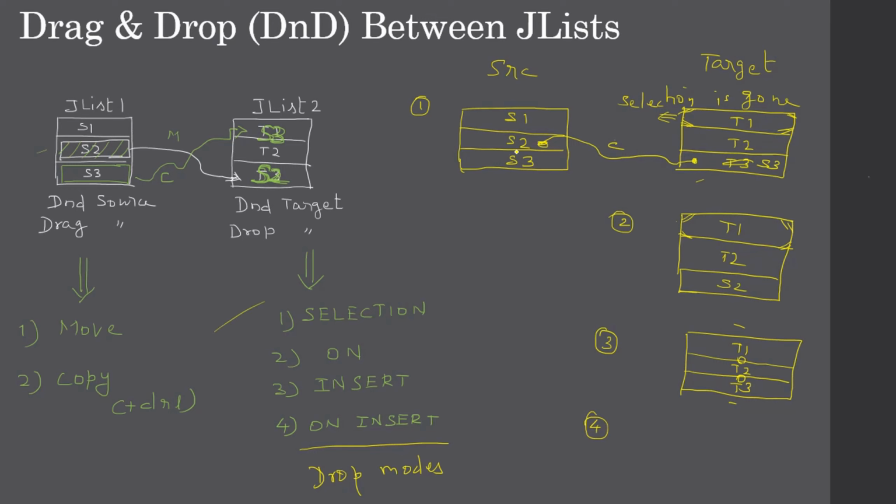But in JList, it requires some extra work, and we will see how to implement a drag and drop between 2 JLists in the next 6 videos. So there is no demo here in this video. We just learned the basics of drag and drop between 2 JLists.